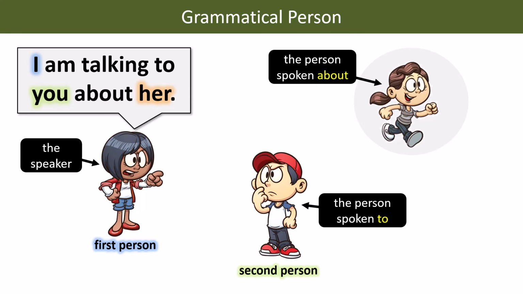And the person being spoken about is the third person. And here it equates to the pronoun her. So, first person, second person, and third person. The speaker, the person spoken to, and the person spoken about. That's how grammatical person works.